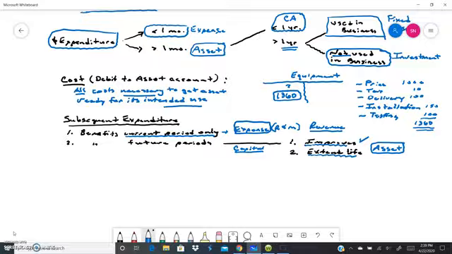Let's say that at some point in time we overhaul the engine, and so now we can drive it for another 100,000 miles. That would extend the life of the asset. In that case, we're going to debit accumulated depreciation, which is a contra asset account, and that would be extending the life.